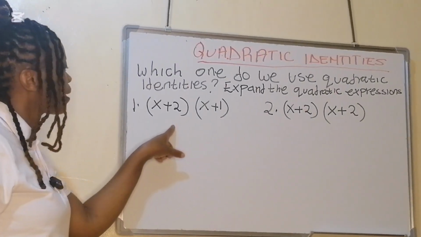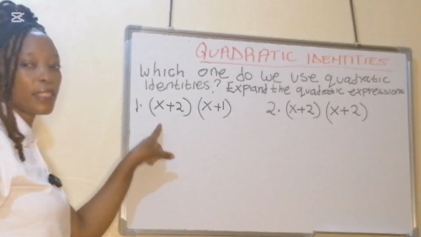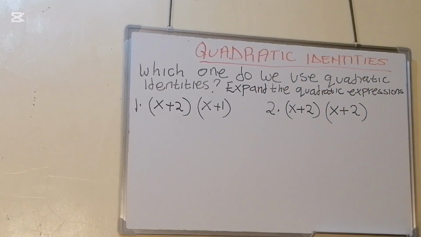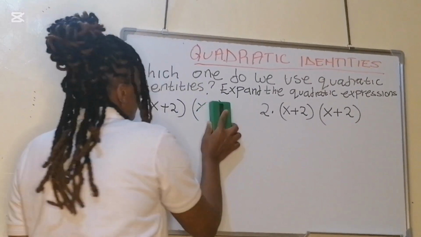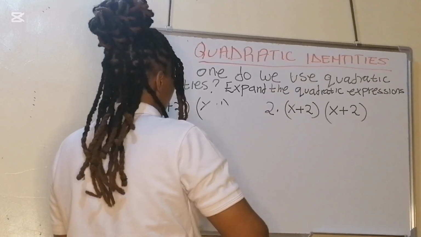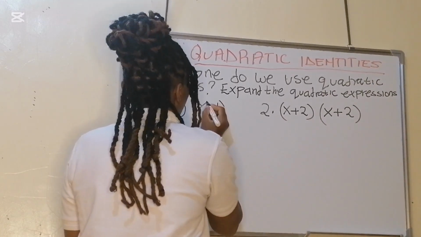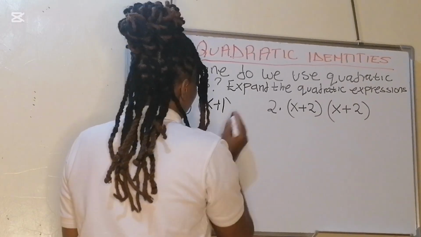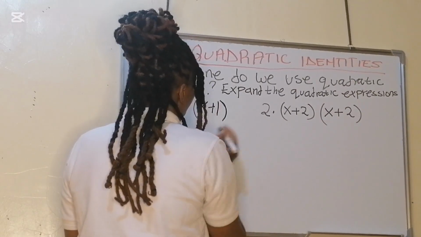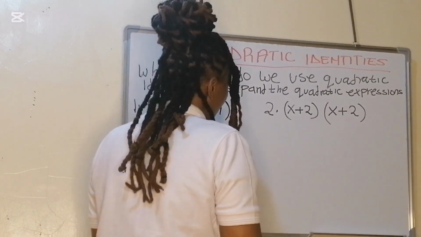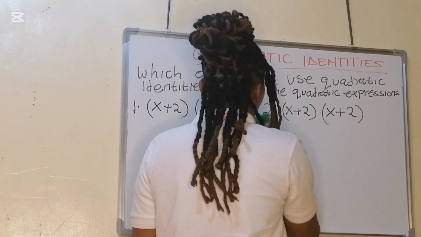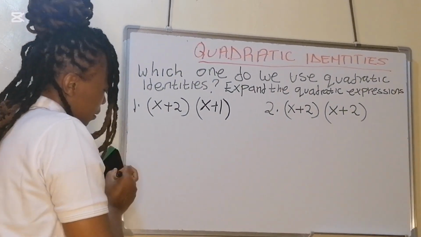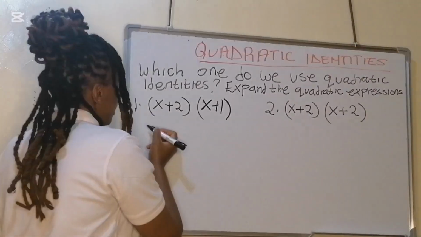Let's start with this one that we are not using quadratic identity on. X plus 1. This one we are not going to use quadratic identity. Okay, let me write here.